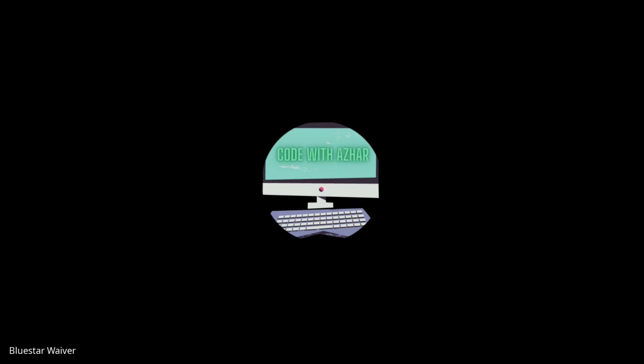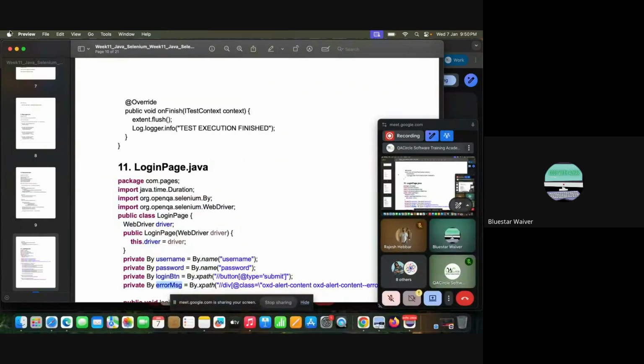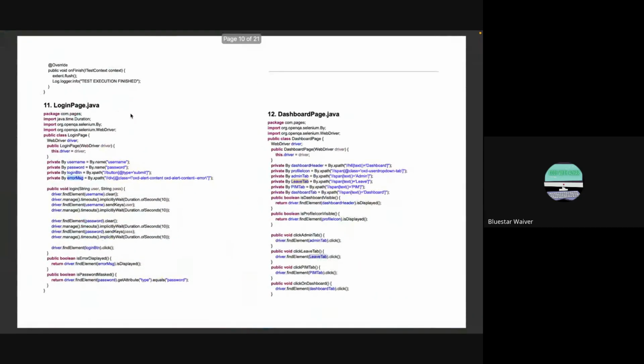Now, if you see this clearly, we have only 4 objects and one method to log in properly, one method to see is error display, and one method for mask. But we don't have to take the masked one. When you say mask, it means when we're entering username, password will come in dots. That is the mask. We will copy everything, but we'll delete the masked one. Any doubts, guys?